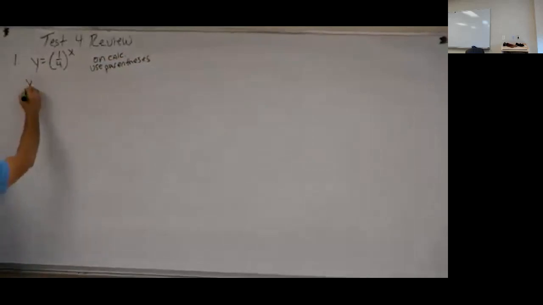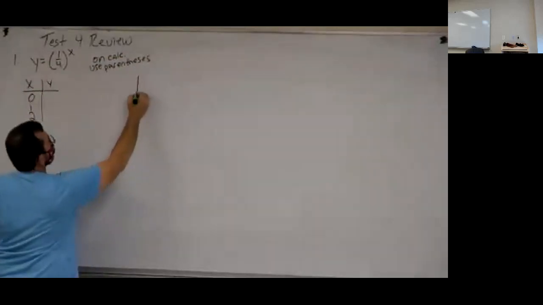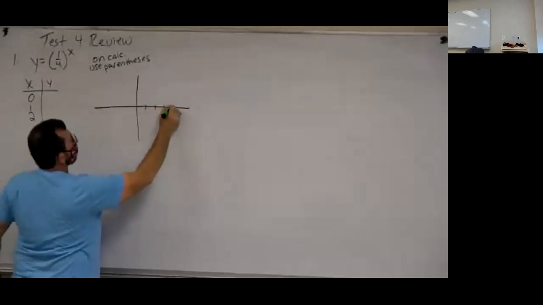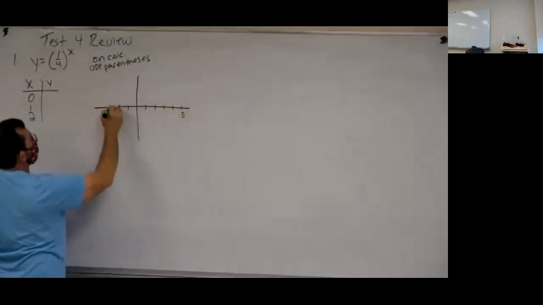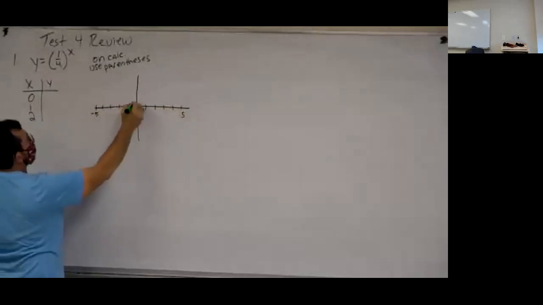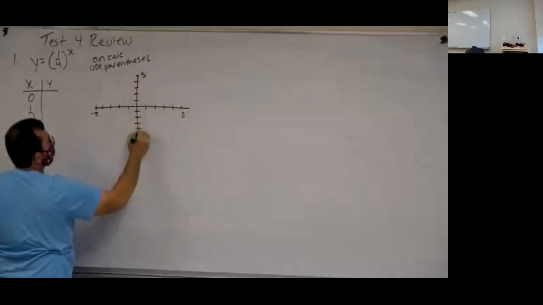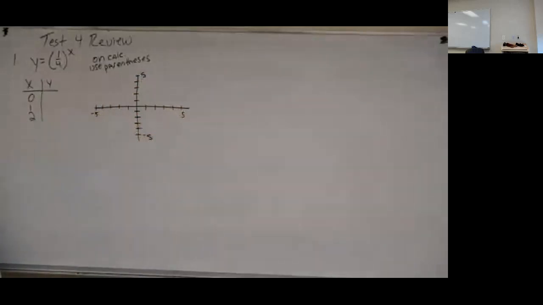I'm just going to make me a little table real quick and pick me about 3 numbers just so I can see what this graph will look like. So if I put a 0 in for x, anything to the 0 power equals 1.